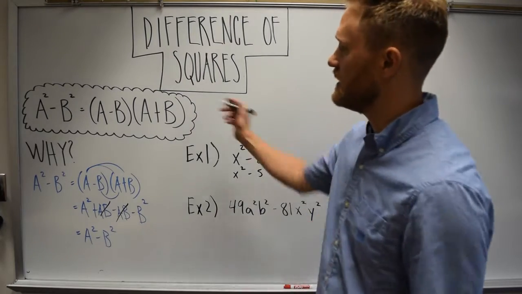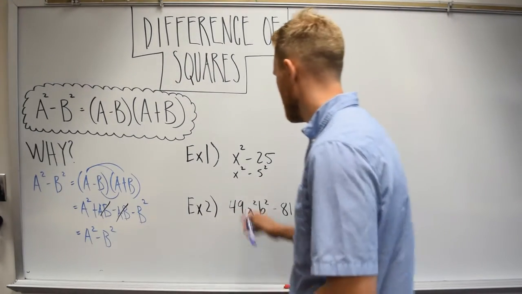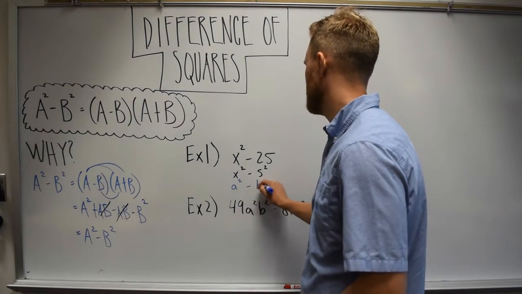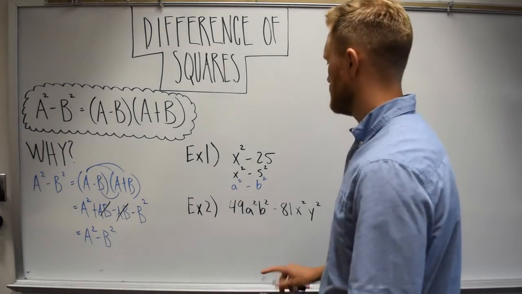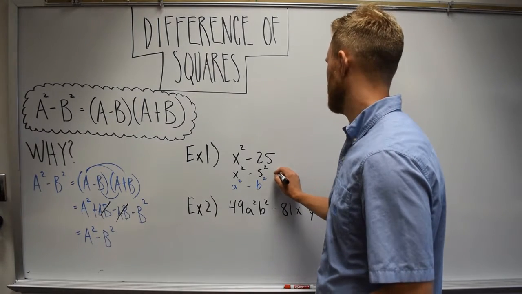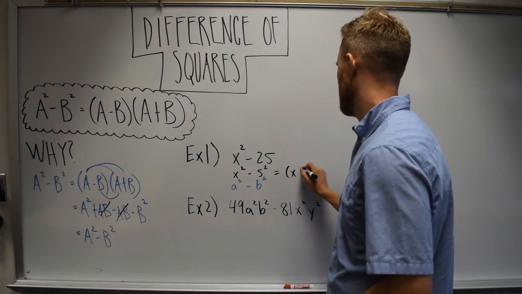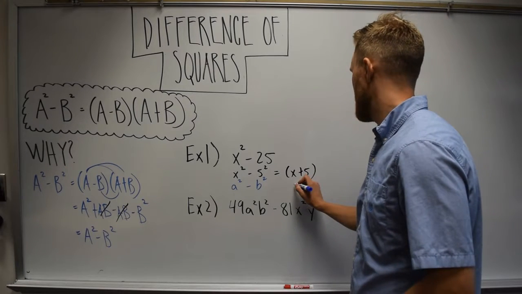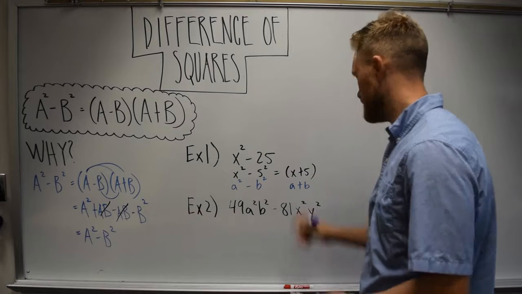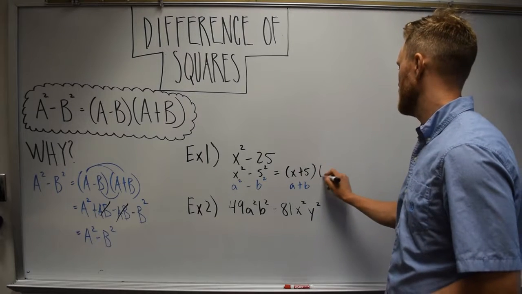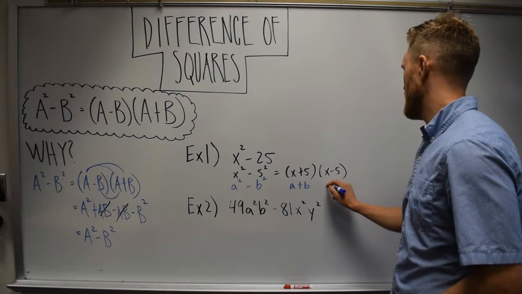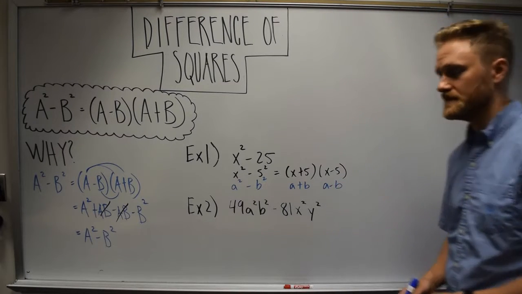Comparing it to my formula, this is a squared, this is b squared. So I can factor x squared minus 5 squared to x plus 5, which is a plus b, times x minus 5, which is a minus b.